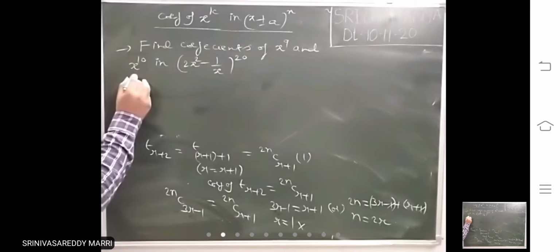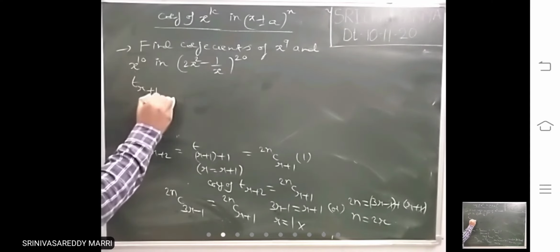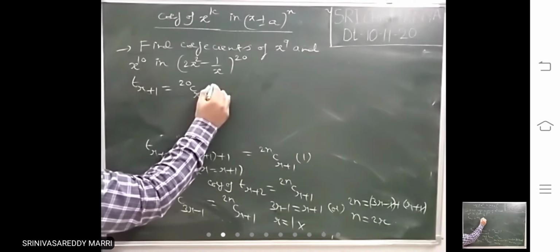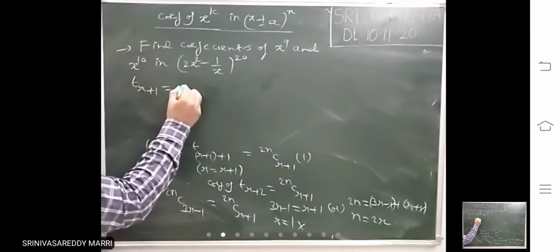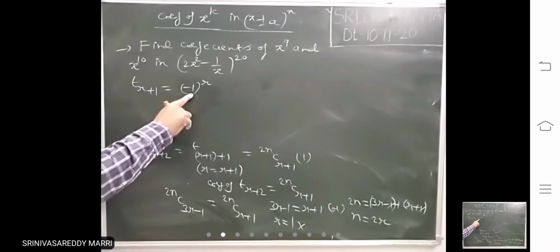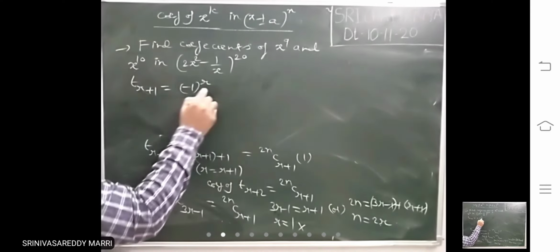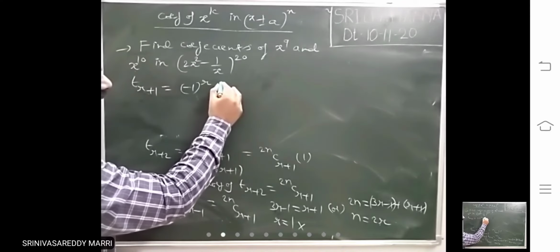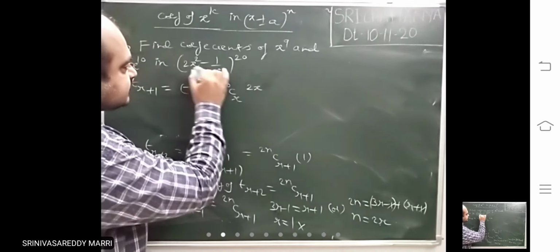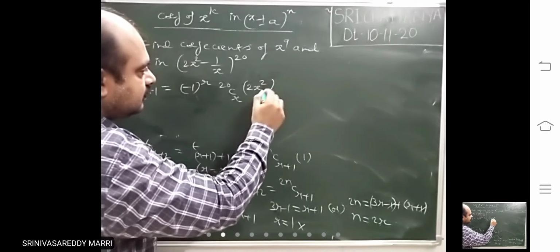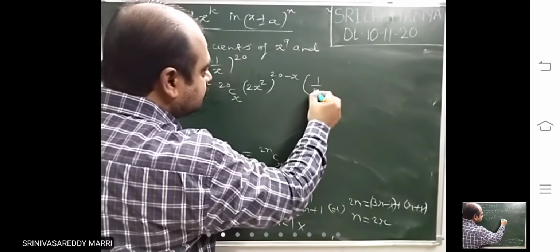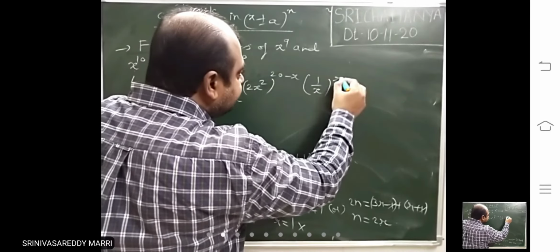Now write the general term. When minus is there, the first step is to write minus 1 whole power r. Don't forget, you will make a mistake here. First write minus 1 whole power r into 20 Cr into first variable to the power 20 minus r into second variable to the power r.